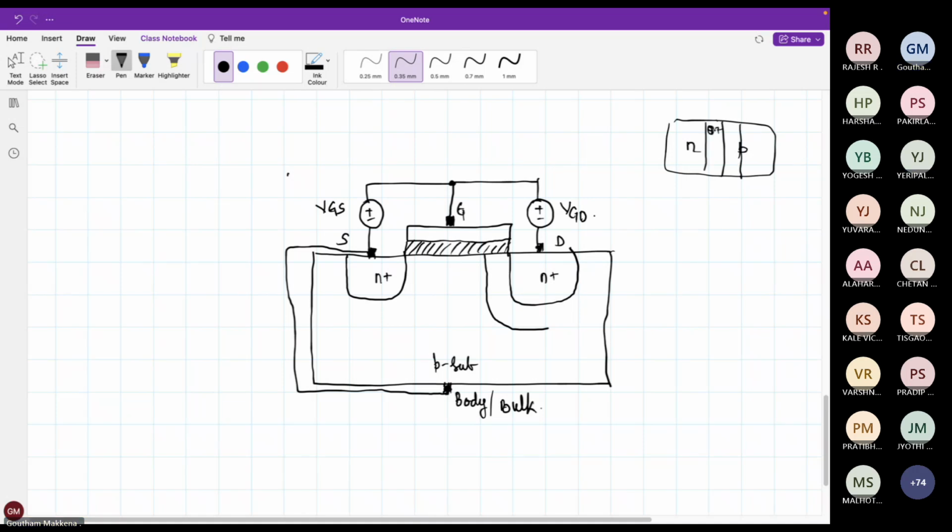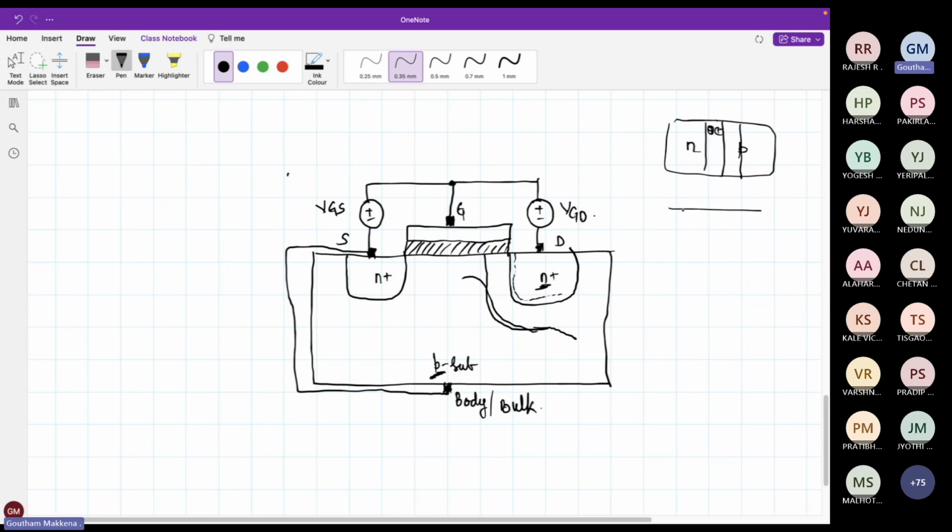So the same thing happens here also. There will be a bigger depletion region here also. And see, this is P type, this is N plus. So the depletion region will be very thin on the N plus side, and it will be bigger on the nominally doped side.